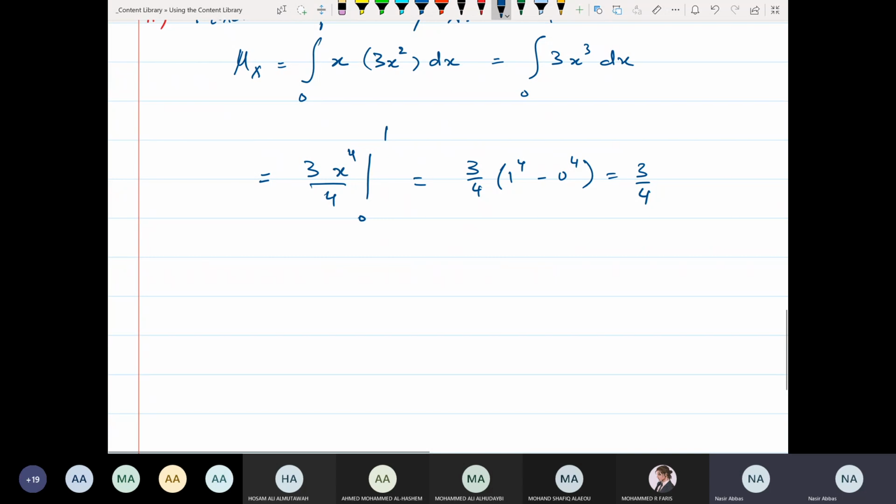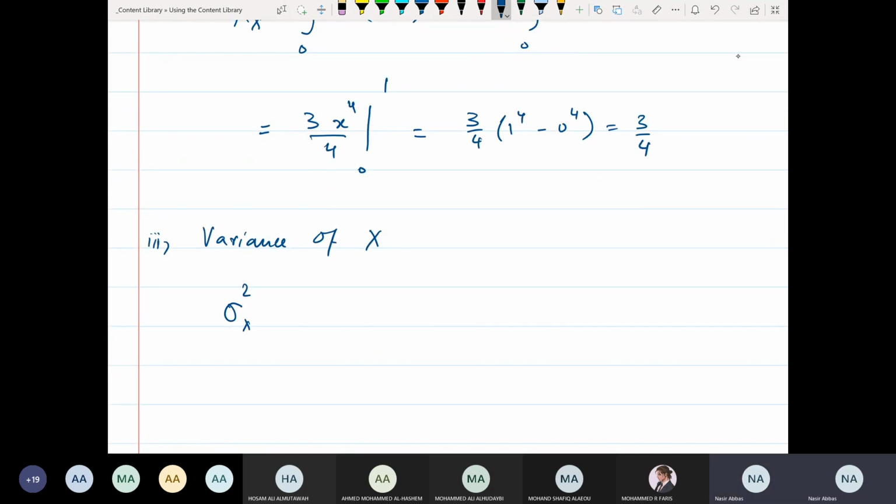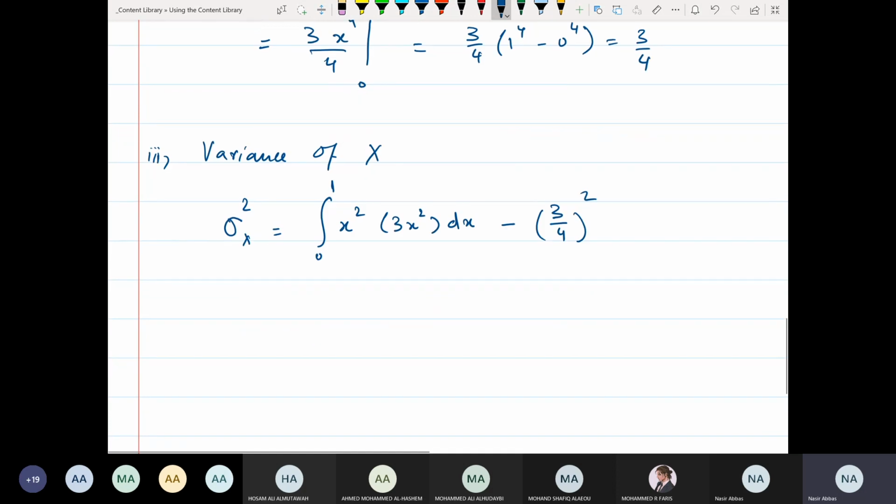Similarly, I can find the variance of x. That should be sigma squared of x, which is the integral of x squared times f of x minus 3 over 4 whole squared. So this is going to be the integral of 3x to the power 4 dx minus 9 over 16.